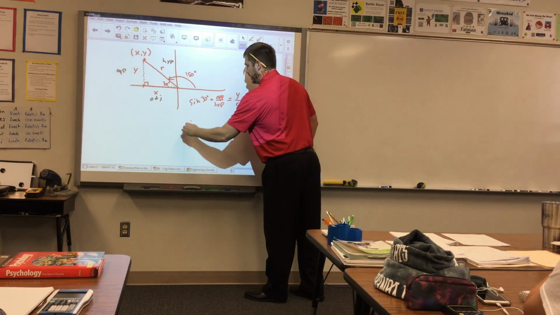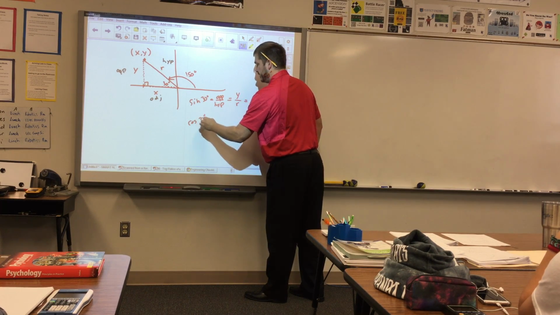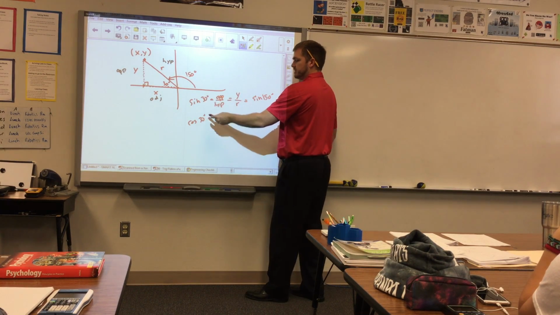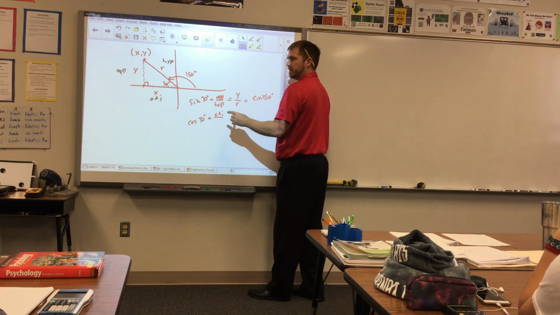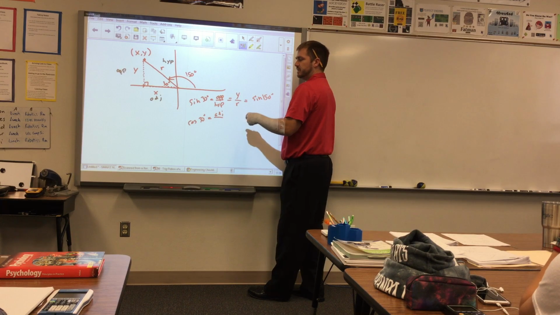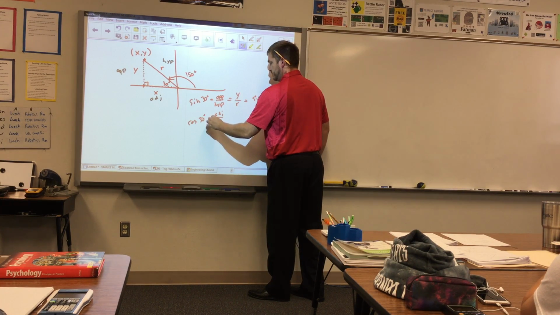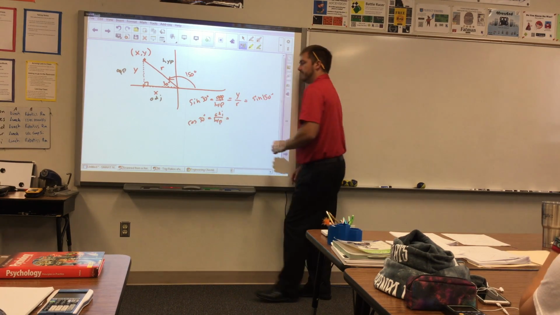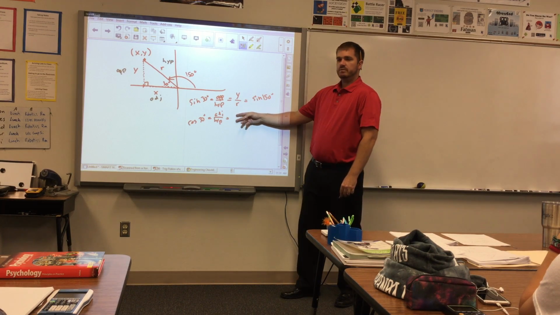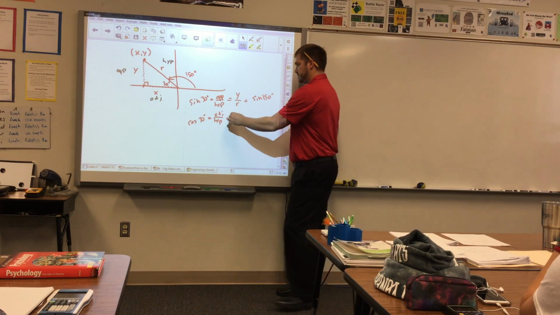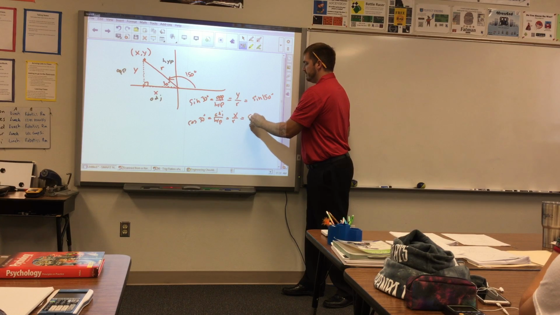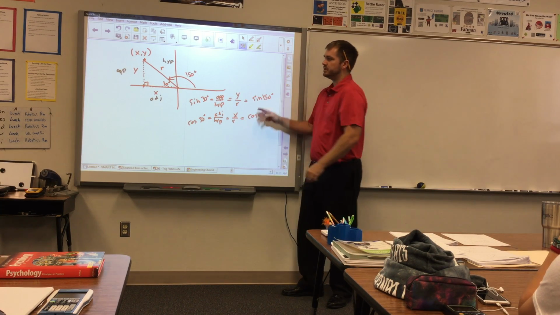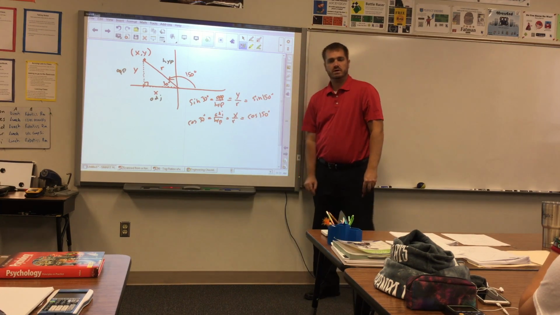Okay? Cosine of that 30, we all know it's CAH, adjacent over hypotenuse. What would that correspond to in terms of x's, y's, and r's? x over r. And so like I said, the mathematicians said, hey, let's redefine cosine in the second quadrant, let's call that x over r.